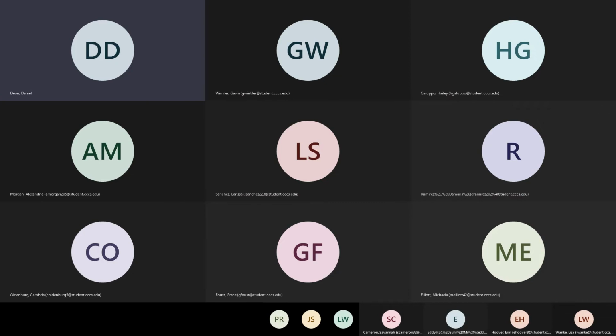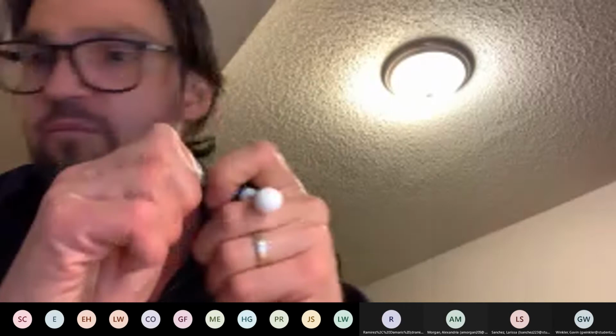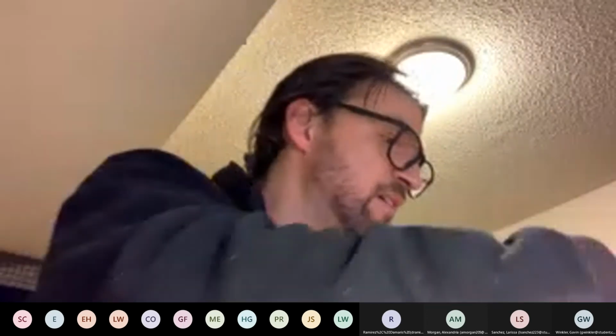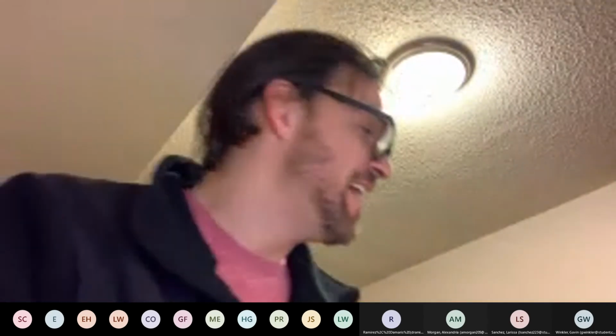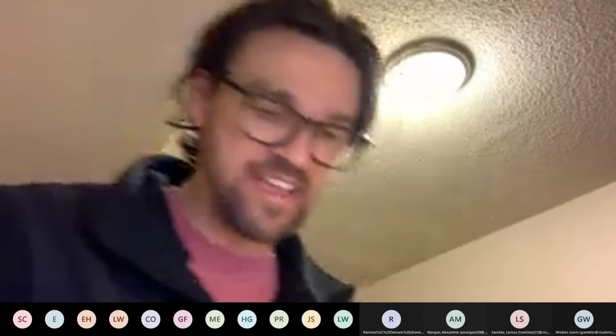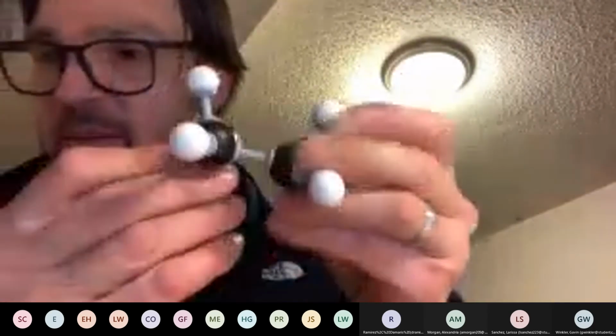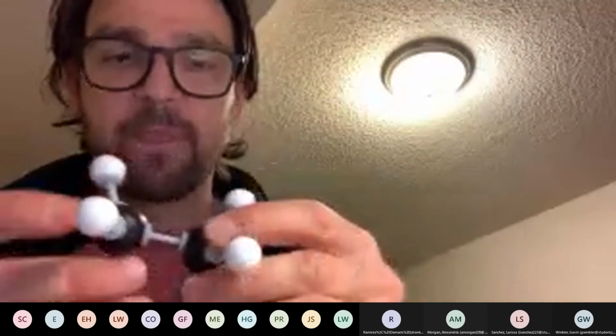If I take my methane and remove one of the hydrogens, attach another carbon to it, and then put 3 bonds on that carbon, then I'll have an ethane molecule, CH3CH3. Remember methane, ethane, propane, butane, pentane, hexane, heptane, octane, nonane, decane. After that, it goes to undecane, dodecane, tridecane. Anyhow, here's my model of CH3CH3.